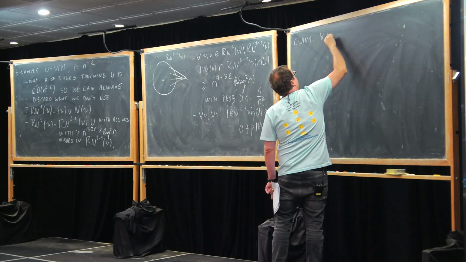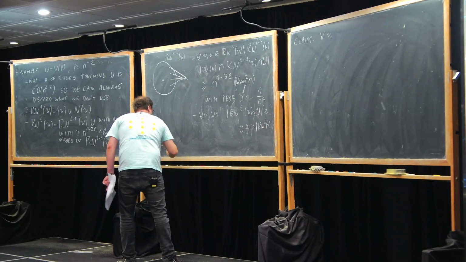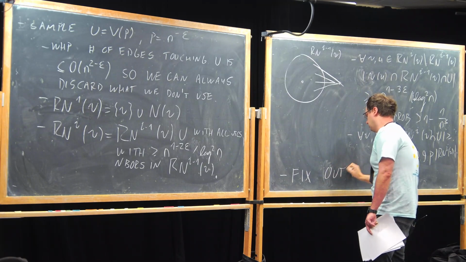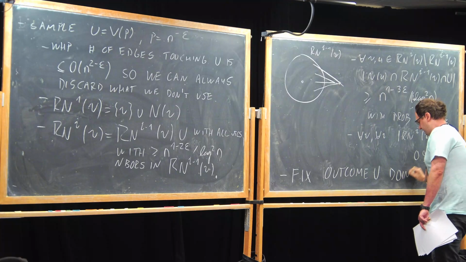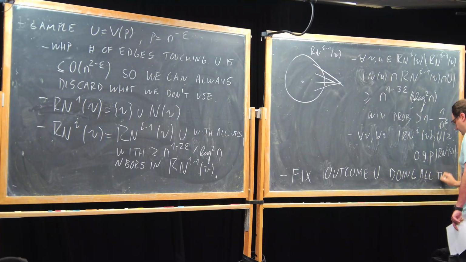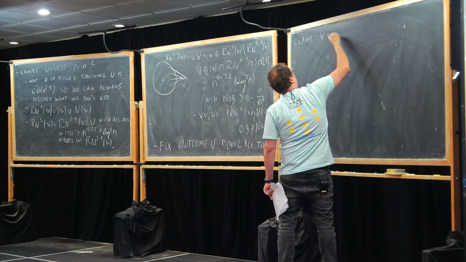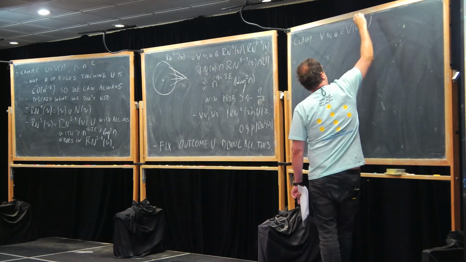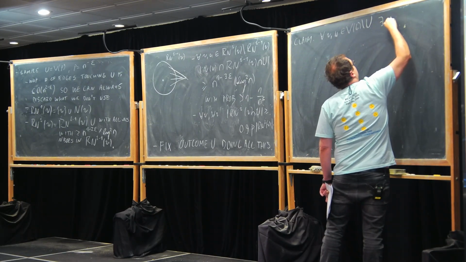For any v, now fix such an outcome U. I should write that, it's important. It's no longer random. Fix outcome U. So now I want that for every v and u which live outside of big U, there exists a VU path.